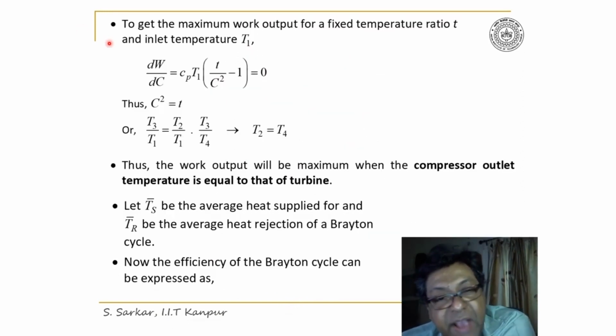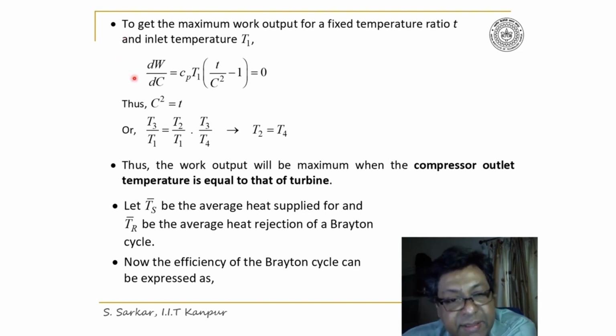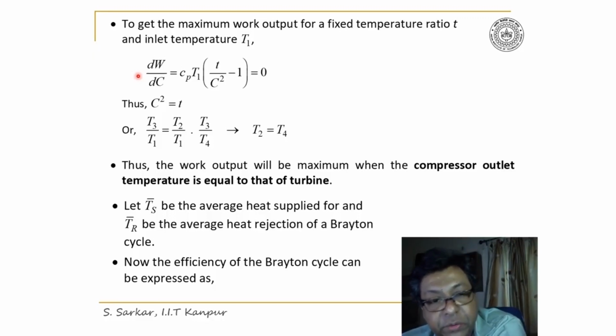Now to get the maximum specific work output for a fixed temperature ratio small t and inlet temperature T1, I can say dW divided by dC would be equal to 0. Now dW by dC is equal to Cp into T1 within bracket small t divided by C square minus 1. Now if you put this equal to 0, then you will land at C square is equal to small t.